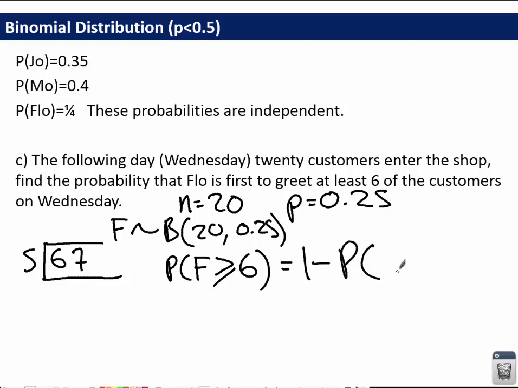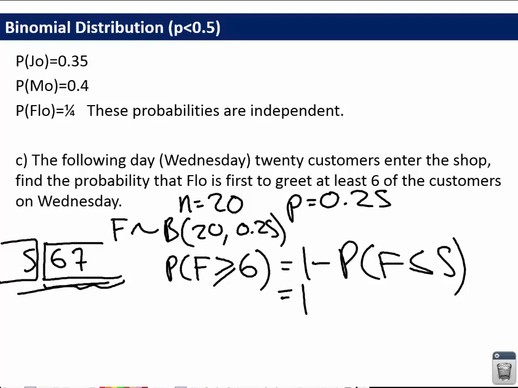Excellent. You can see that in the numbers you've written down earlier. These are what we want, and 5 or less is over here, and these must add up to 1. So you can do 1 minus the probability Flo is less than or equal to 5. Now we can look this up in our table.